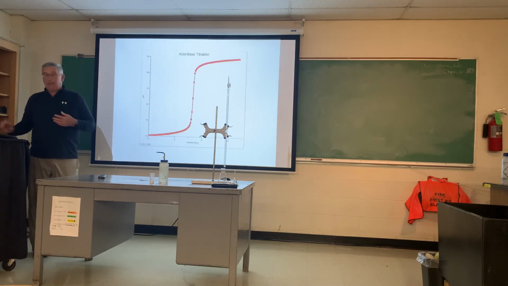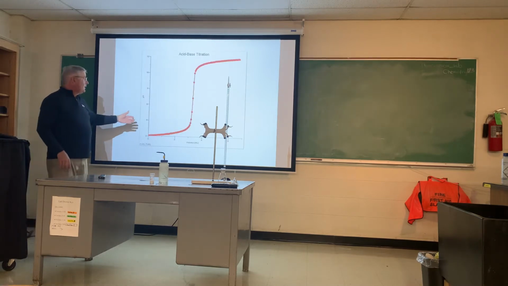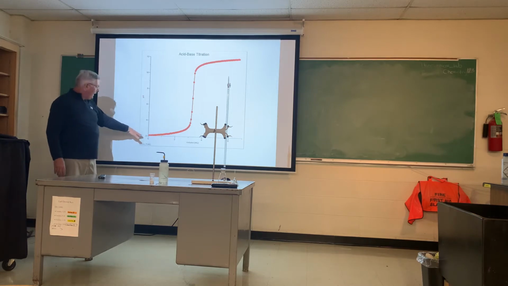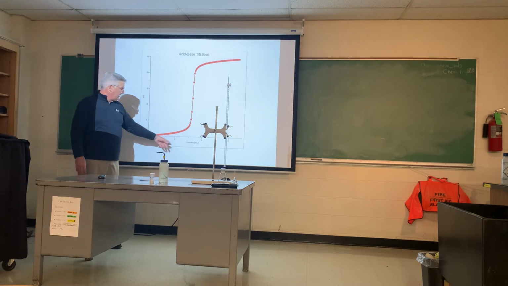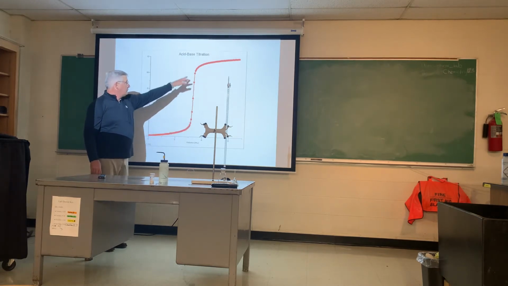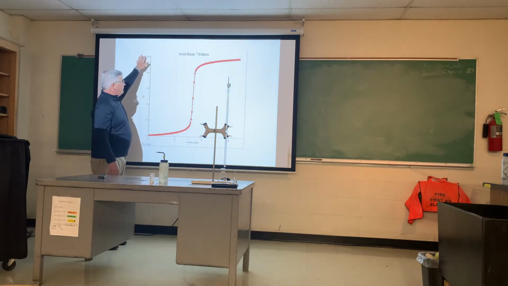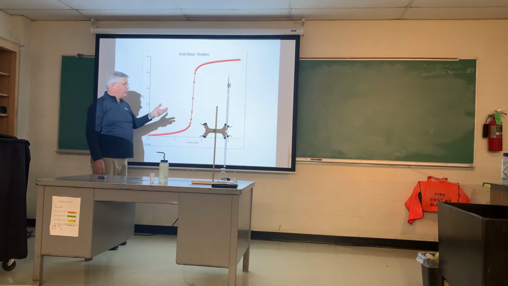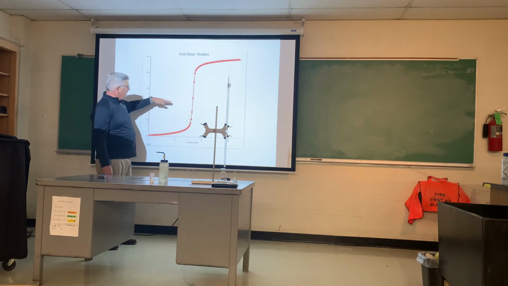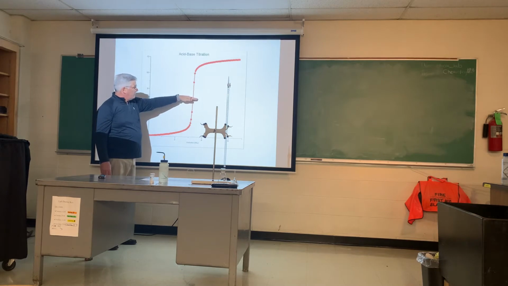I've got a pH graph on this slide, and this is actually showing a strong acid, at pH 2, and it shows the pH changing as volume changes. And we get to a point where the curve becomes very, very steep, right? And then plateaus again at pH 12, where we're using a strong acid to titrate with. But the end point for the titration is in the middle of this, right?